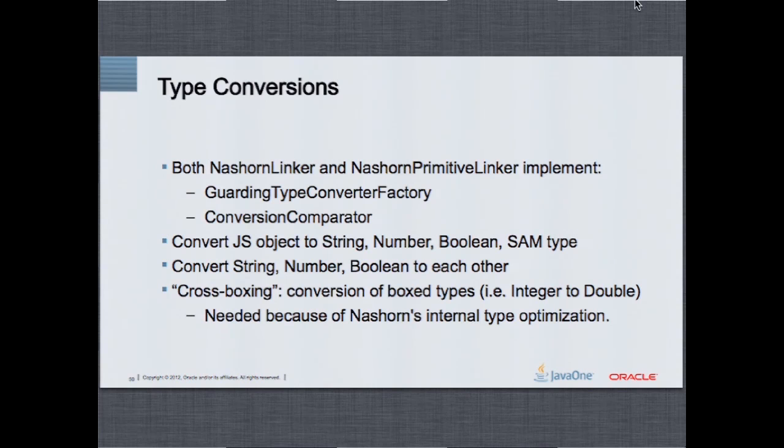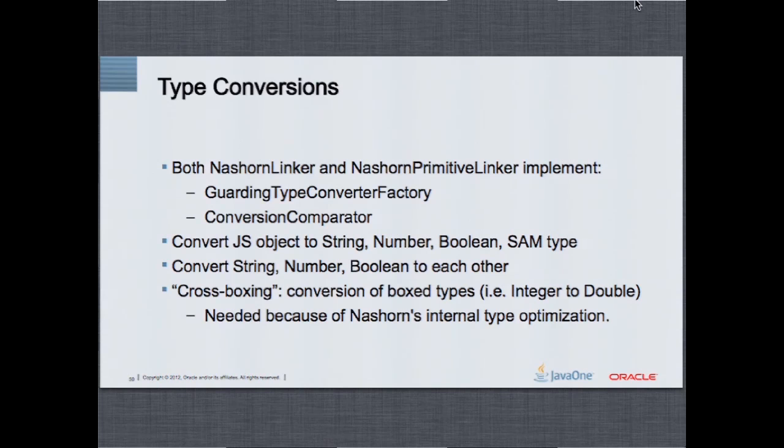Nashorn does have, thanks to Marcus' work, ever better internal type optimizations. So you just don't assume, as you could theoretically in JavaScript, that all of your numbers are always doubles. With us, they are not always doubles, but they are still sometimes boxed.